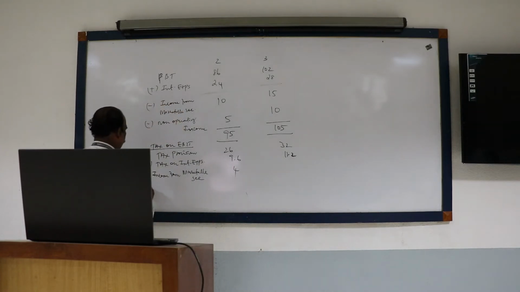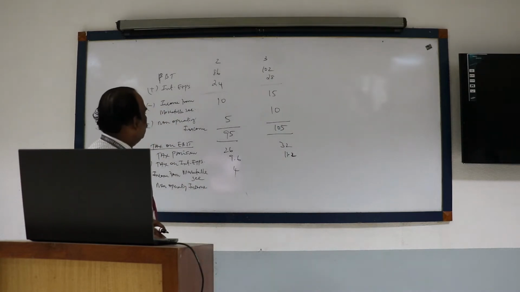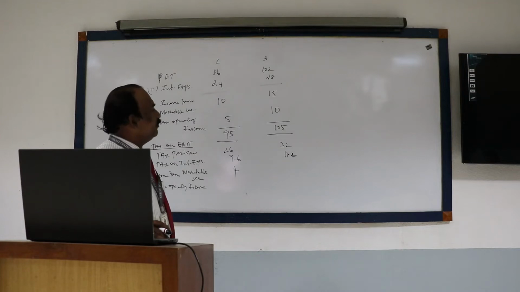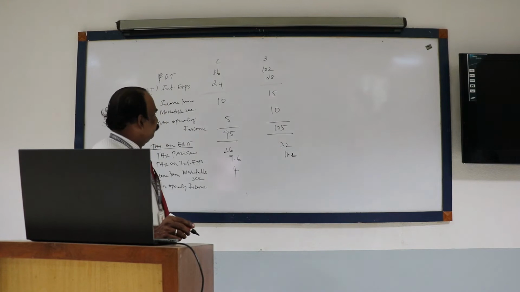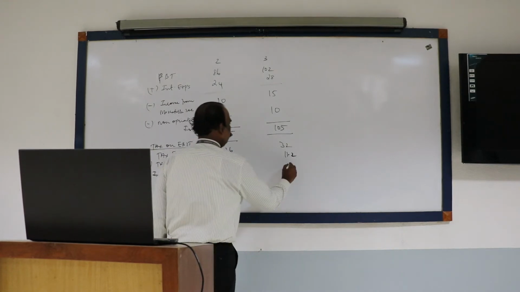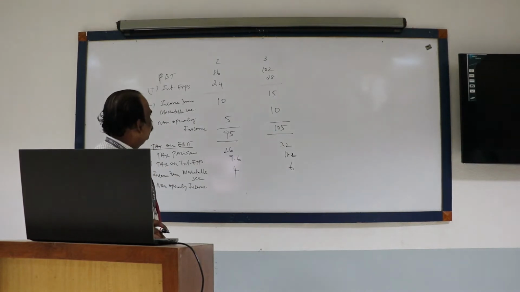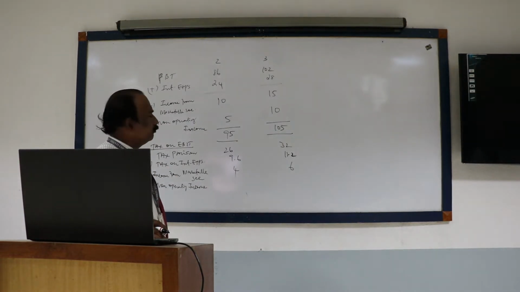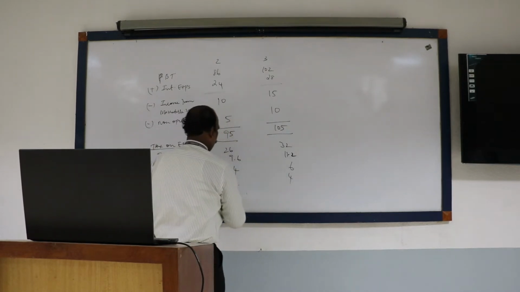Minus non-operating income: 40% on 15, which is 6, and 40% on 5, which is 2. 40% on 10 is 4.